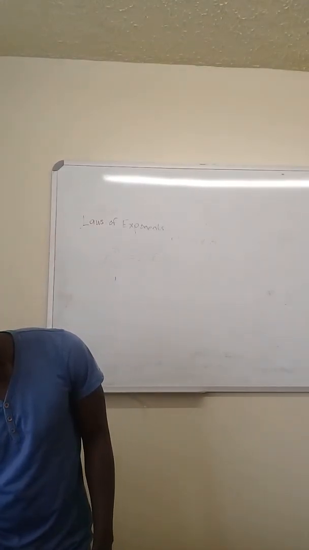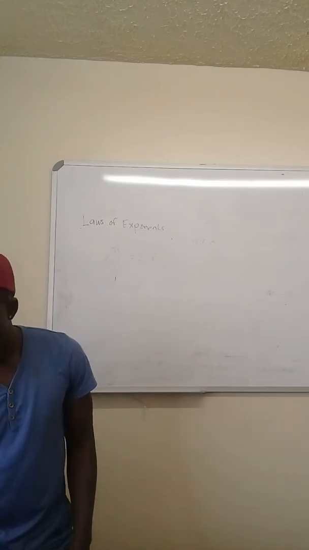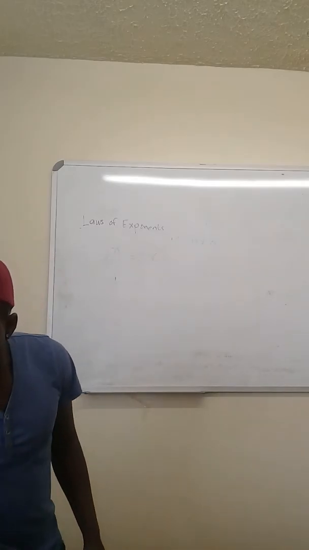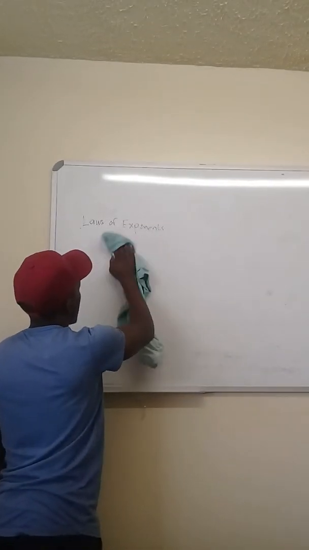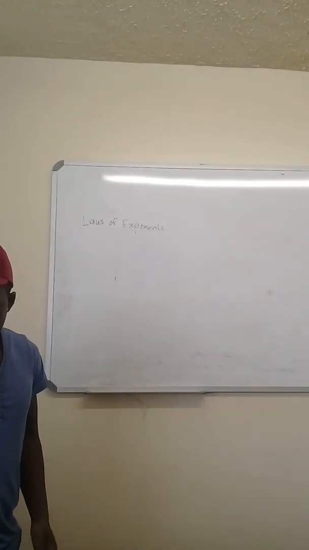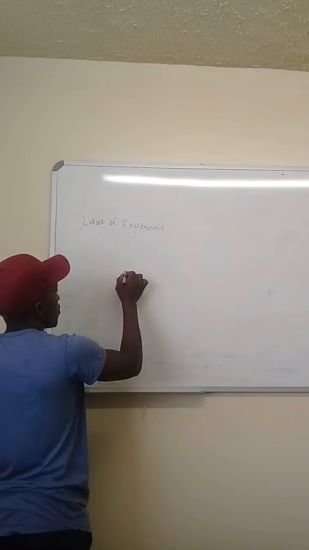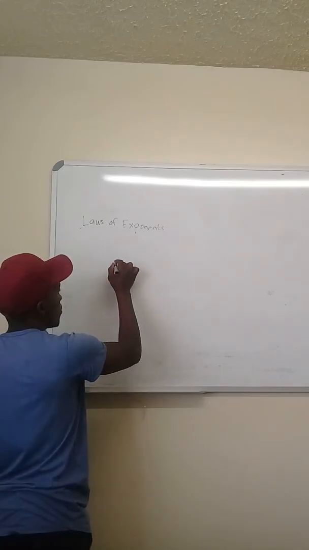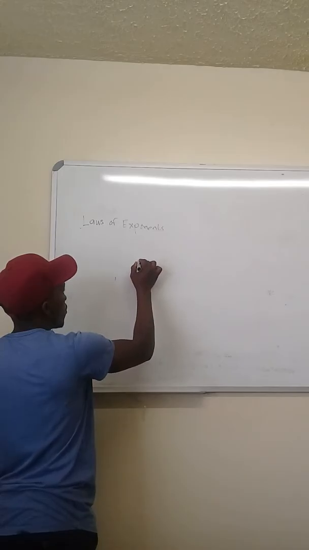Alright, now I'm going to give you some exercises that you need to do, and after that we are going to mark those expressions that I'm giving you now. So let's say you have 2 multiplied by b to the power 1 over 2.